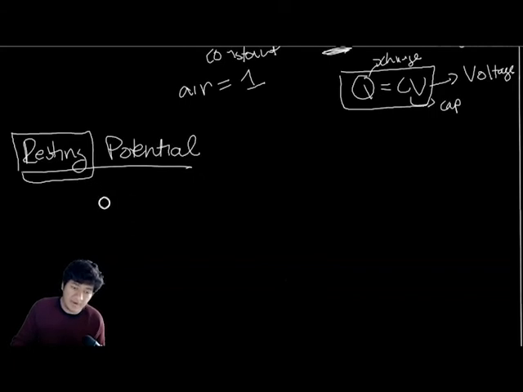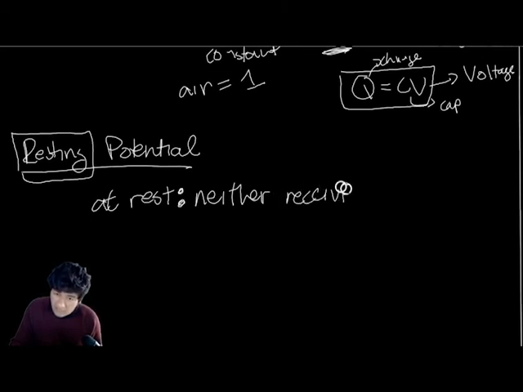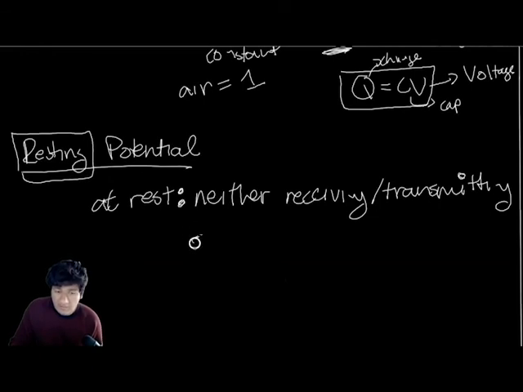And I'm going to define at rest because it might be a little bit ambiguous on what that means. At rest means it is neither receiving nor transmitting any cellular signals.